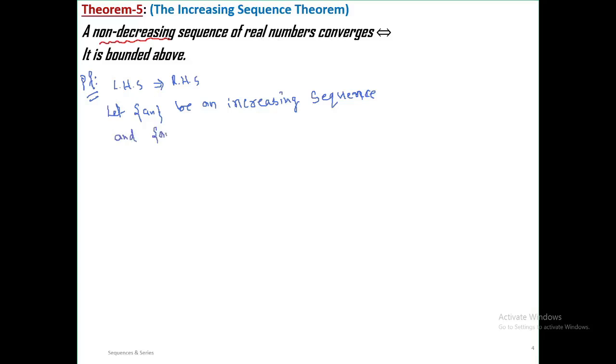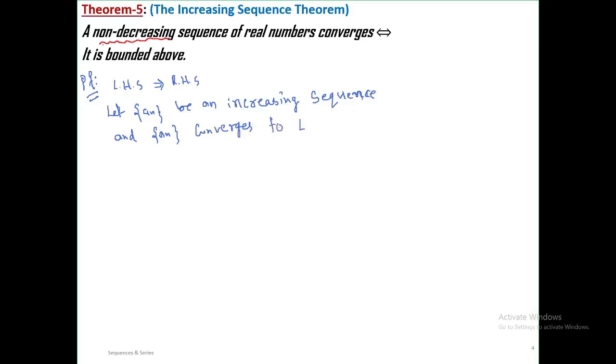Sequence means an infinite sequence of real numbers; that assumption I made in the first class only. And the sequence an converges to L, let's say. So this assumption I have taken.